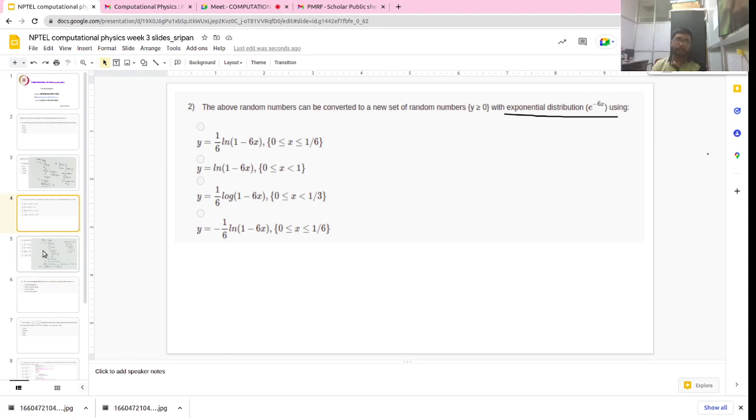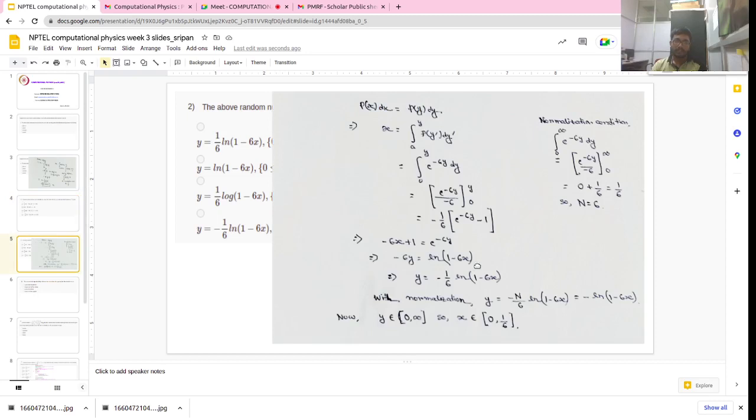Actually, I was considering the problem given in the assignment, where it was e to the power minus 3y. Anyway, I am just solving the questions from previous year, into infinity, right.